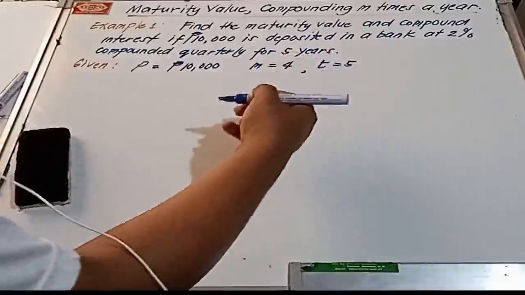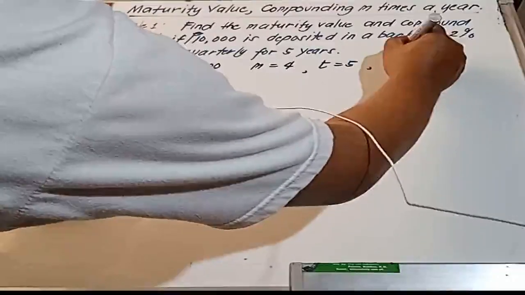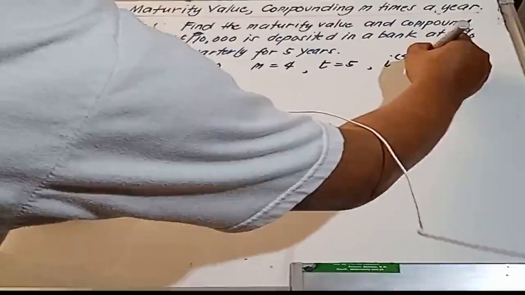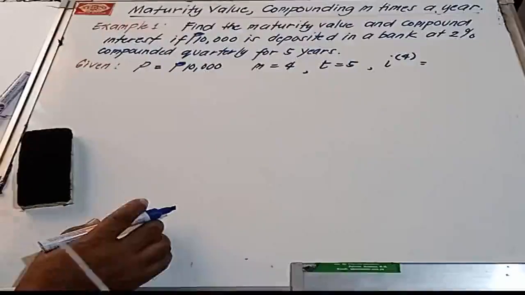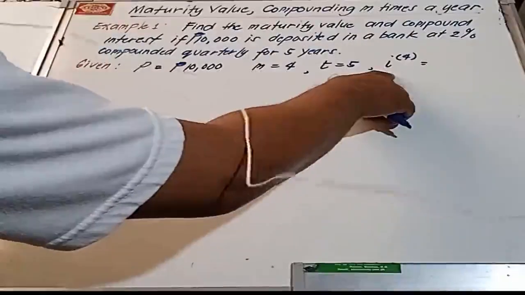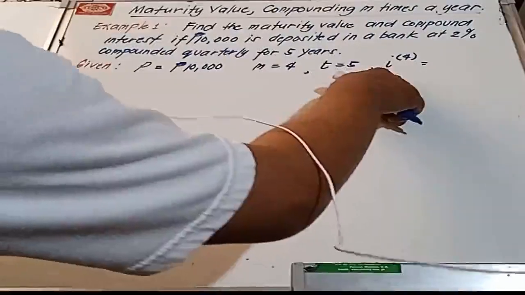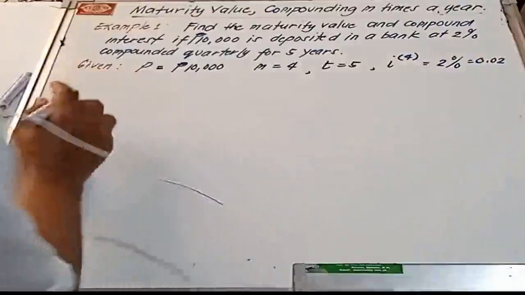And we have the nominal rate, 2%. Okay? Or that, ang symbol niyan, i raised to quantity 4 to denote that yung ating 2% na annual interest rate has a frequency of conversion of 4 times a year. Okay, so we have 2% or that is equal to 0.02 in decimal.